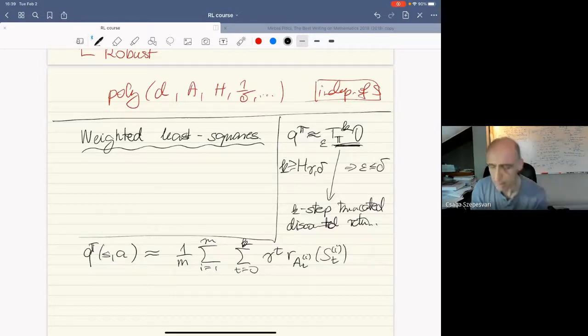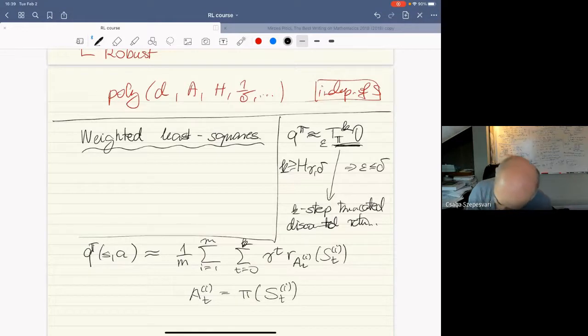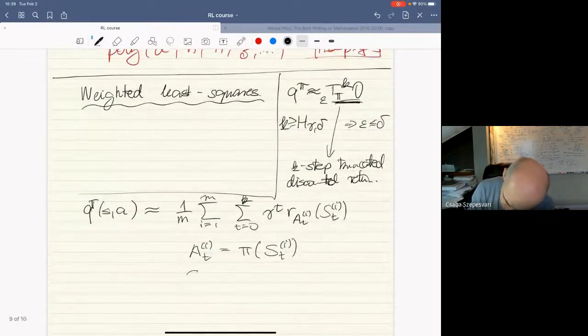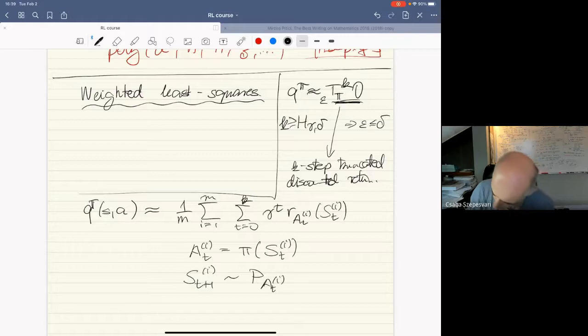They just come from simulating the policy using your simulator.